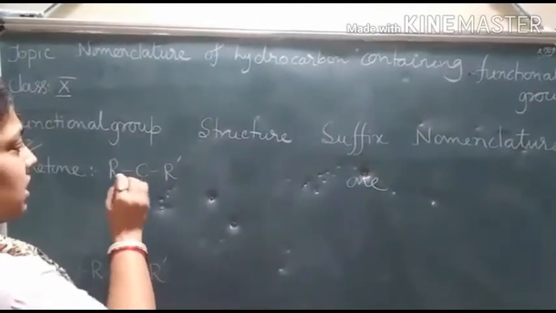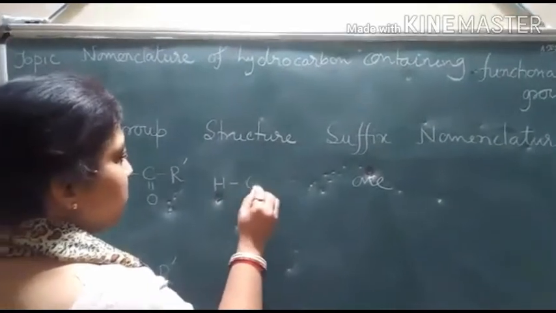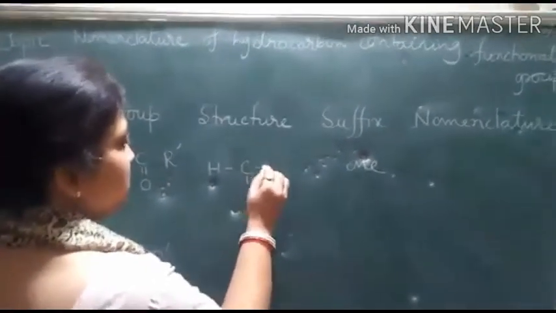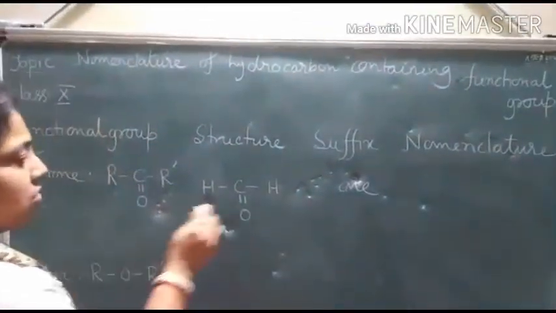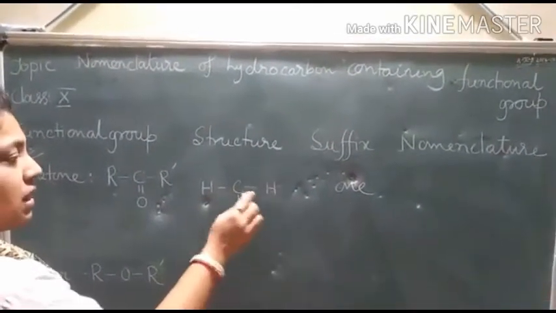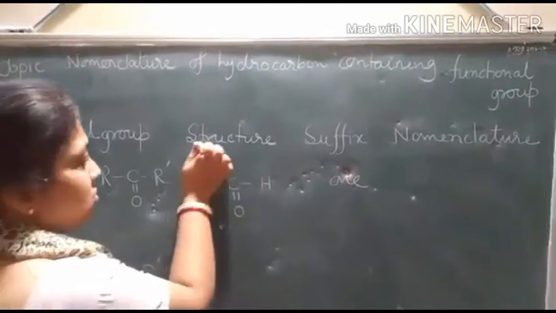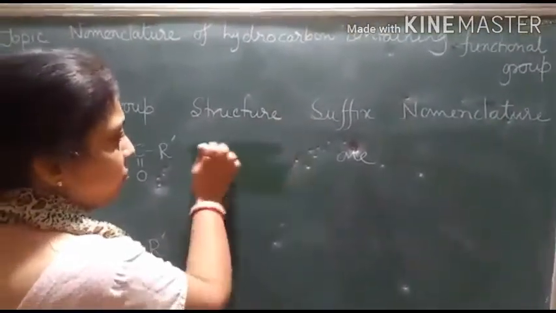If I write that R as hydrogen, this is the first carbon and it contains only one carbon. So this is the structure of an aldehyde, not of a ketone. So it is not possible, and I cannot write it for carbon 1.